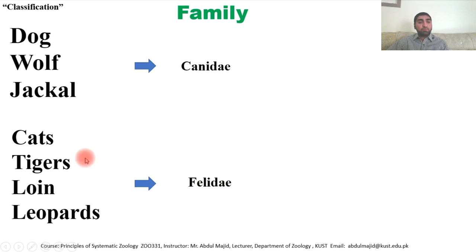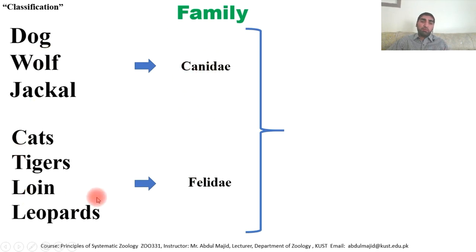So Canis, Panthera, Felis, these three genera are now placed in families, one in family Canidae and another in the family Felidae. Again, all of these have some other characteristic in common. So what are those characteristics in common?